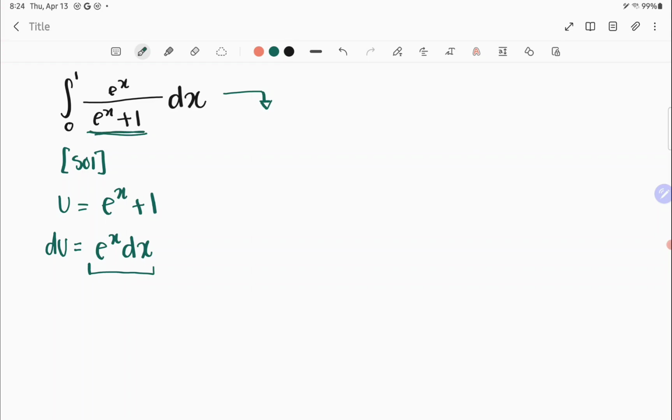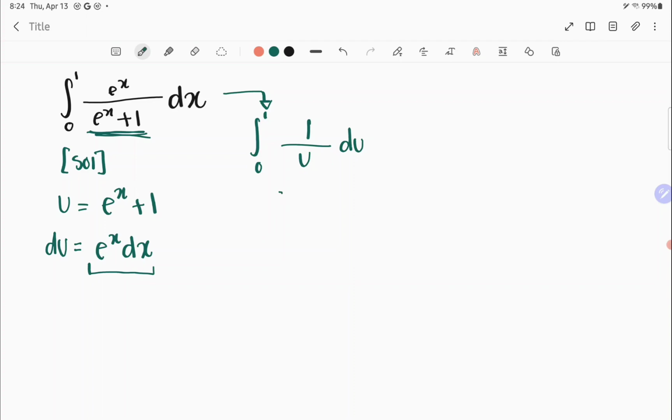So we know u is this part right here, so let's just rewrite this, 0 to 1 over u. And we know this is du, so we can just write du there, and then this is just going to be 1. Or you could also write it as this, but I personally like to write it like that. Now we just have to solve this integration.